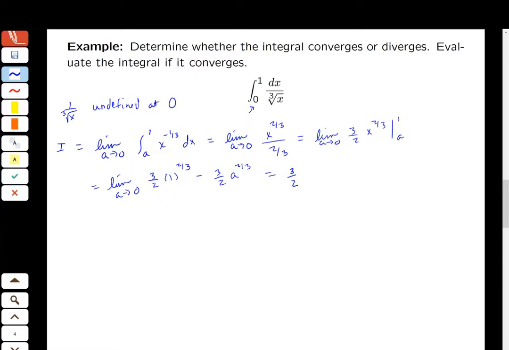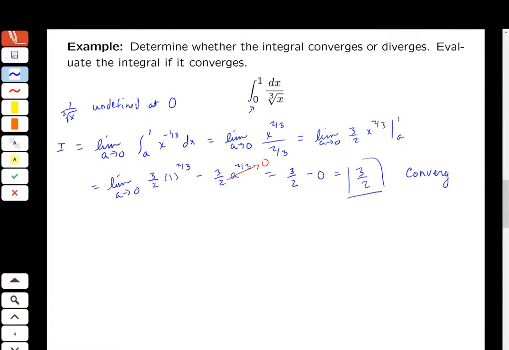And then what happens to your a as a goes to 0? It goes to 0. So this part here goes to 0. So 3/2 times 0 is 0. So I get 3/2. Does my integral converge or diverge?